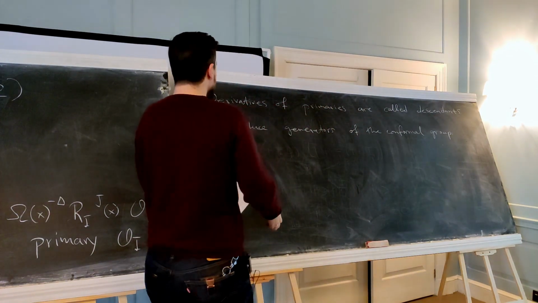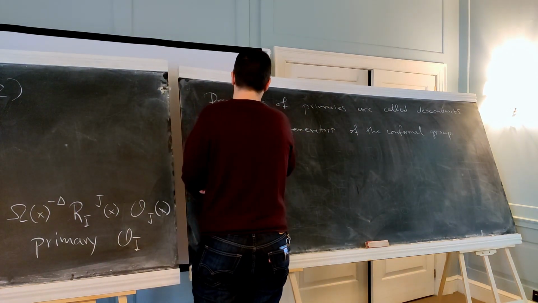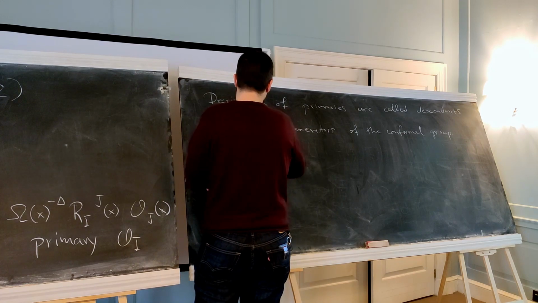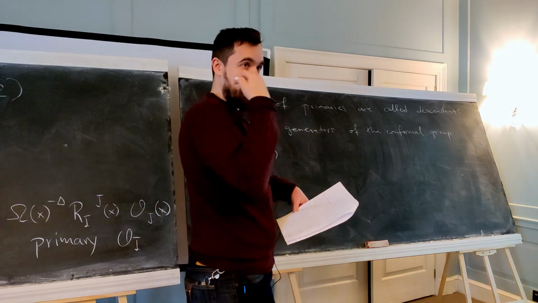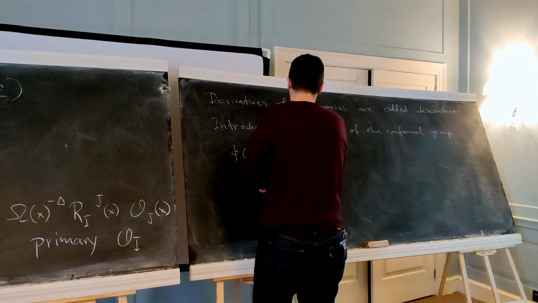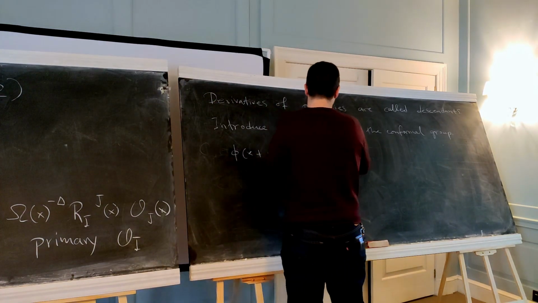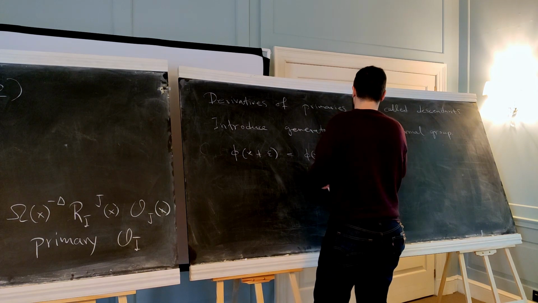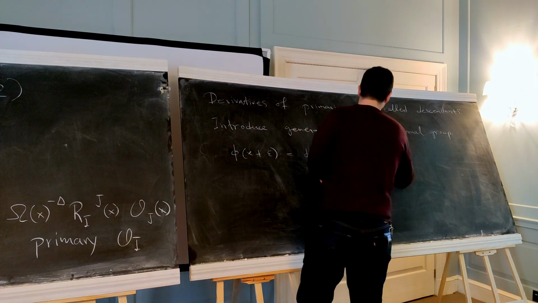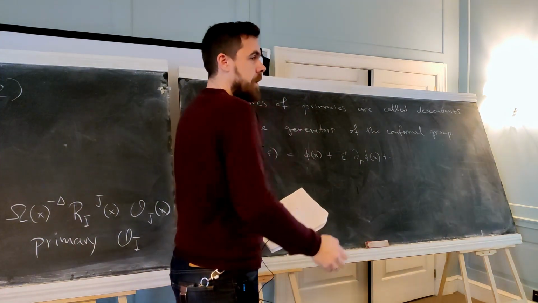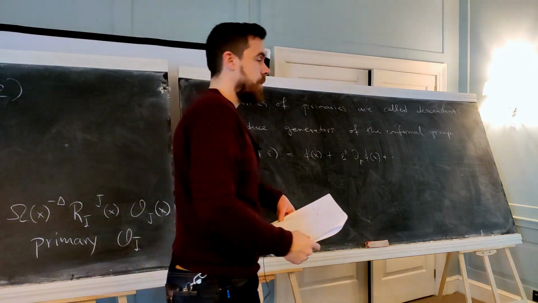Just to remind you, whenever we have the generator of translation, how do you introduce it? You say, well, I'm going to go to x plus epsilon. I will expand this out. You stop at leading order in the infinitesimal change that you made, right?